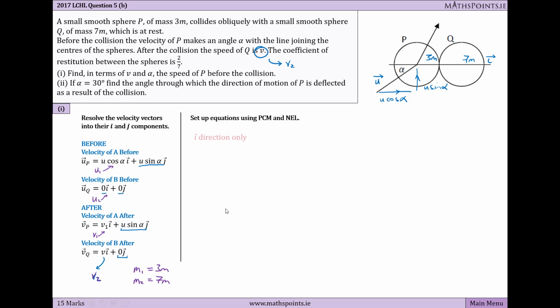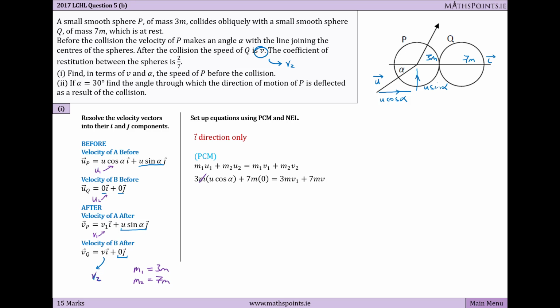So the PCM, first of all, we have m1 u1, which is 3m times u cos alpha, plus m2 u2, which is 7m times 0, is equal to m1 v1, which is 3m times v1, plus m2 v2, which is 7m times v.